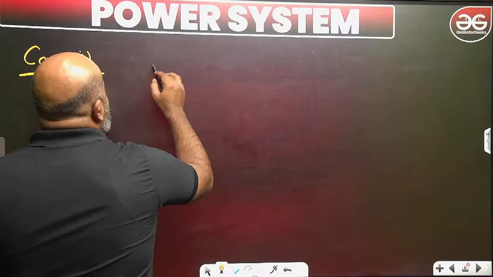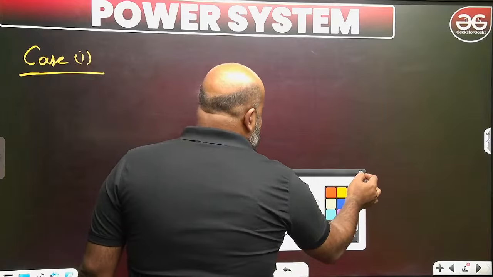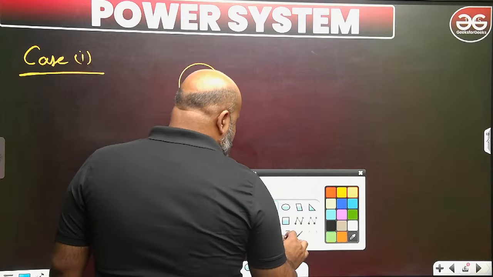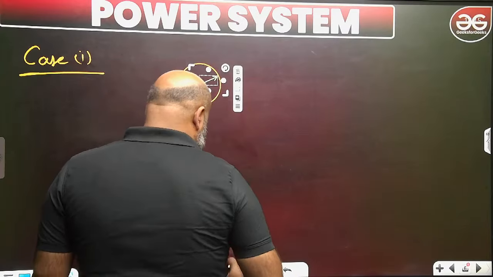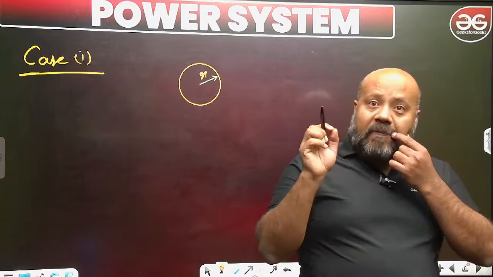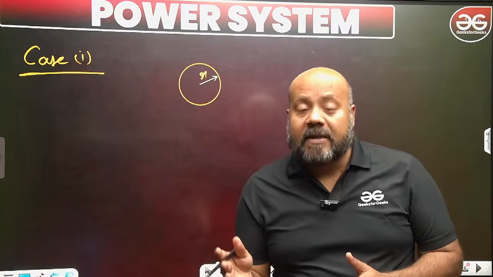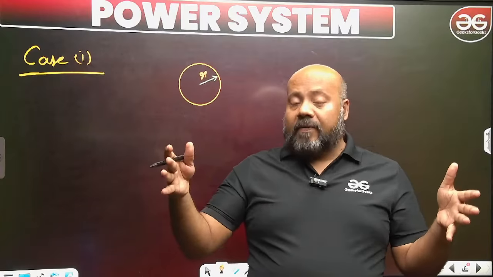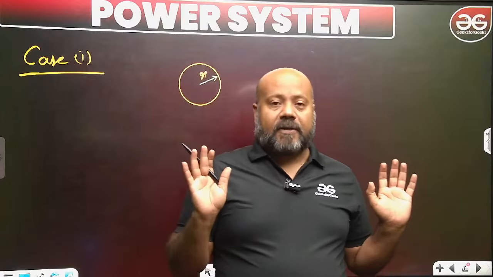Suppose you have a single conductor. Single conductor means it's only one conductor, and suppose its radius is R. Now, if it is only one conductor, you cannot find the geometrical mean distance, because geometrical mean distance we can only find in between two different groups or phases of conductors.